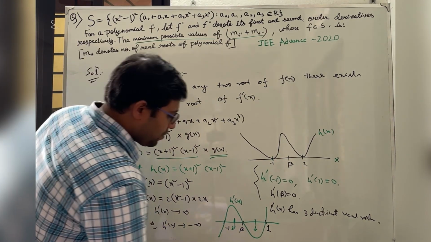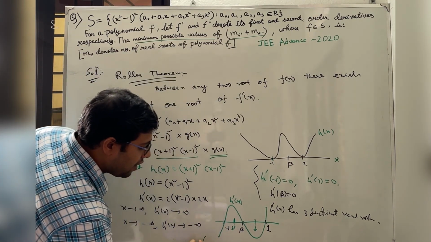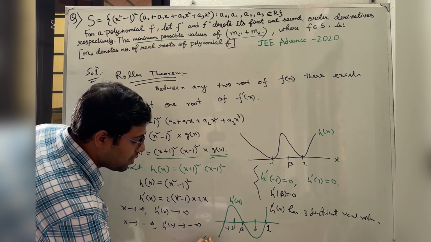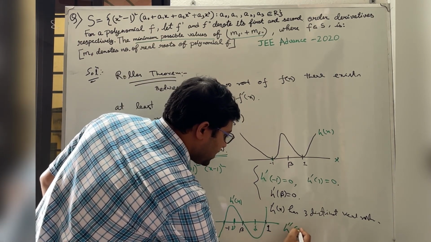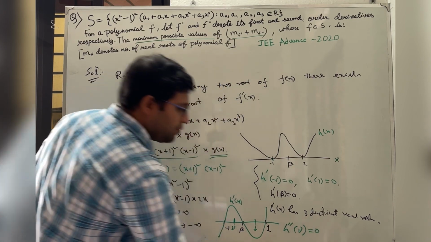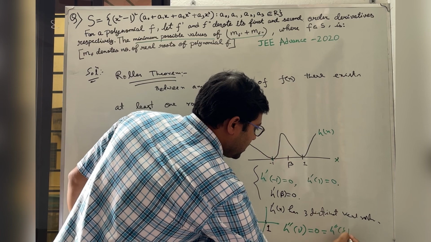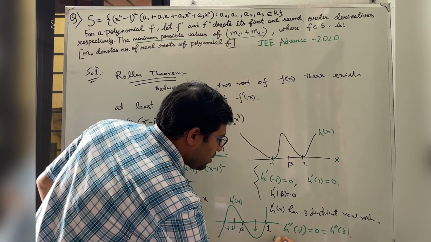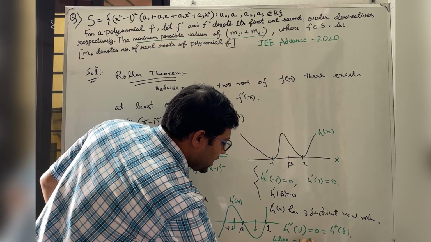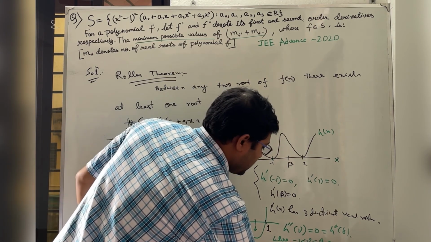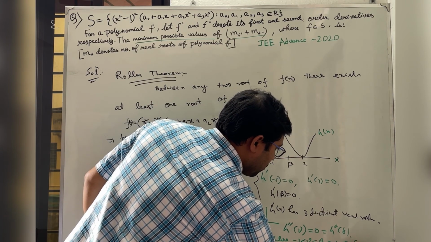Applying Rolle's theorem, h double dash gamma equals 0 and h double dash delta is also 0, where gamma lies between minus 1 and beta and delta lies between beta and 1.